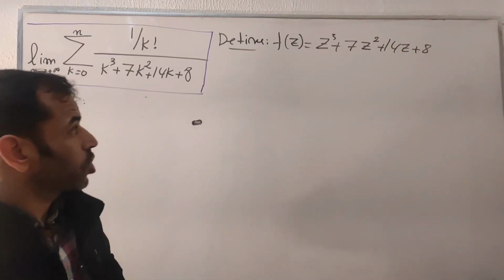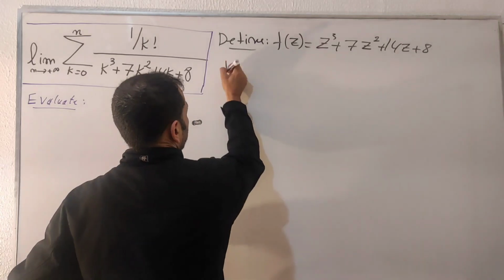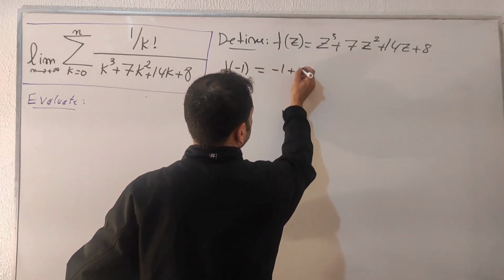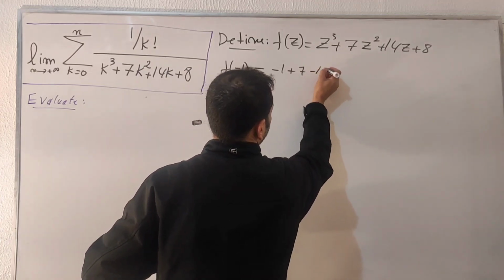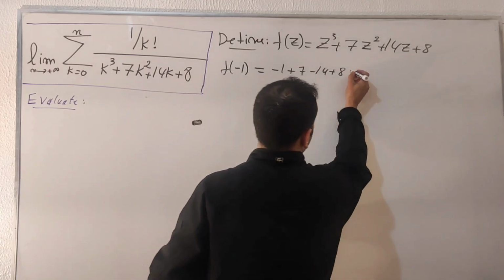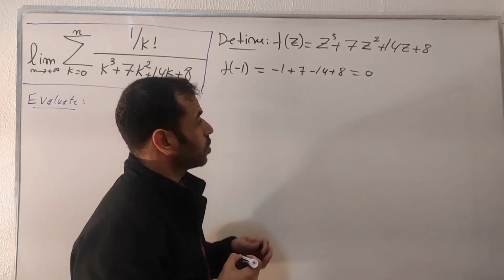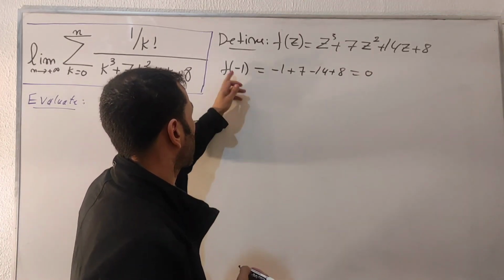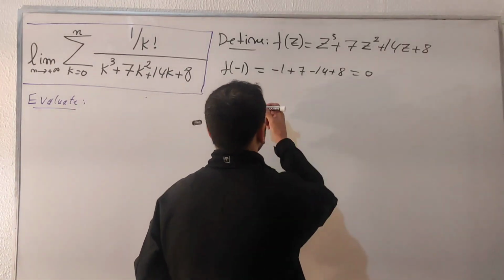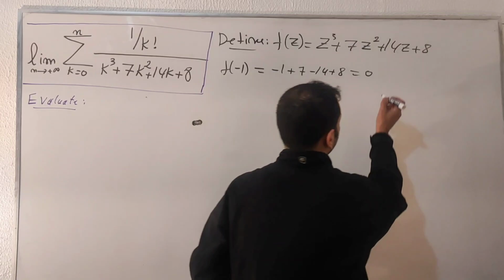By guessing and checking, if you calculate f of minus 1, which gives us minus 1 plus 7 minus 14 plus 8, it gives us 0. If you have a polynomial and you calculate the output at minus 1 and you get 0, it means this value is a root of this polynomial.